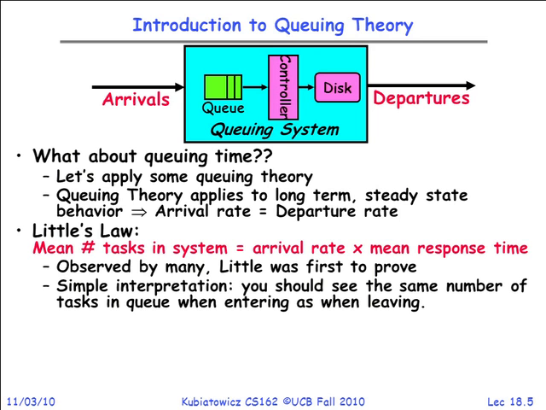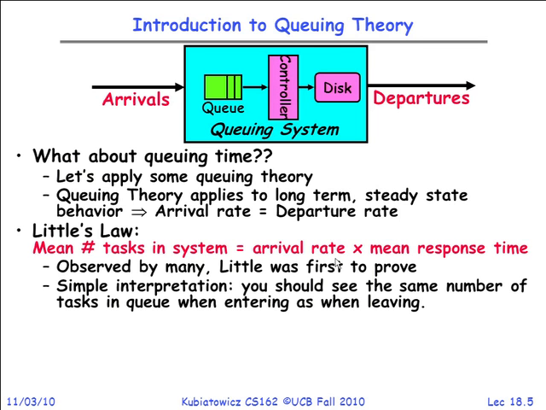But just before you leave, you turn around and you look, and in the steady state, the line behind you is going to be equal to the line that was there when you came in the door. Okay? That's our assumption. If you think about this, that makes perfect sense. The mean response time is the time I waited in line. The arrival rate is how many people per unit time come in.